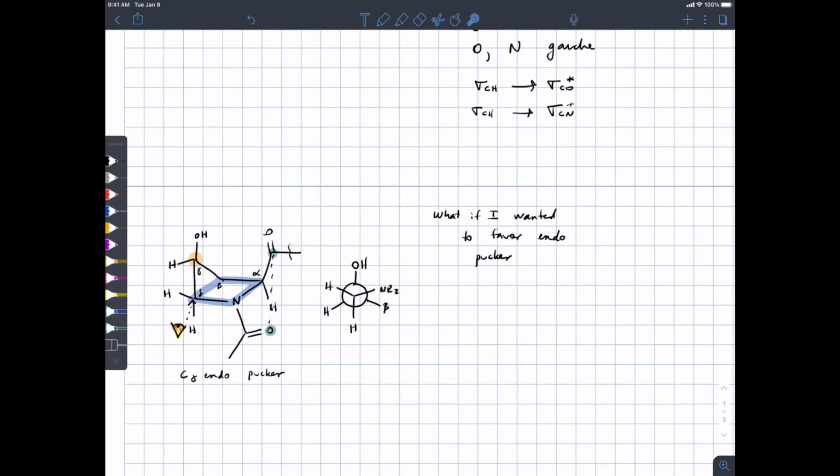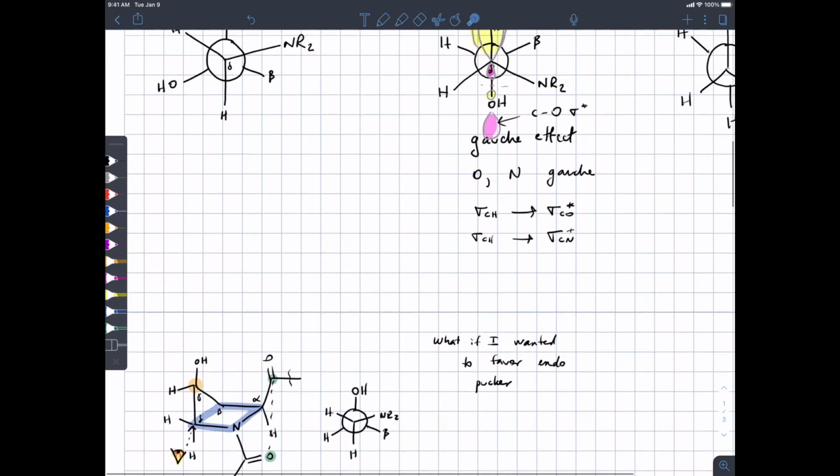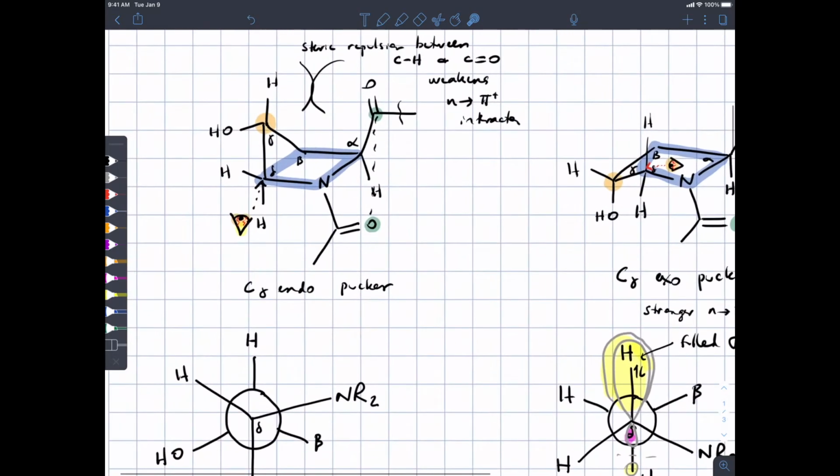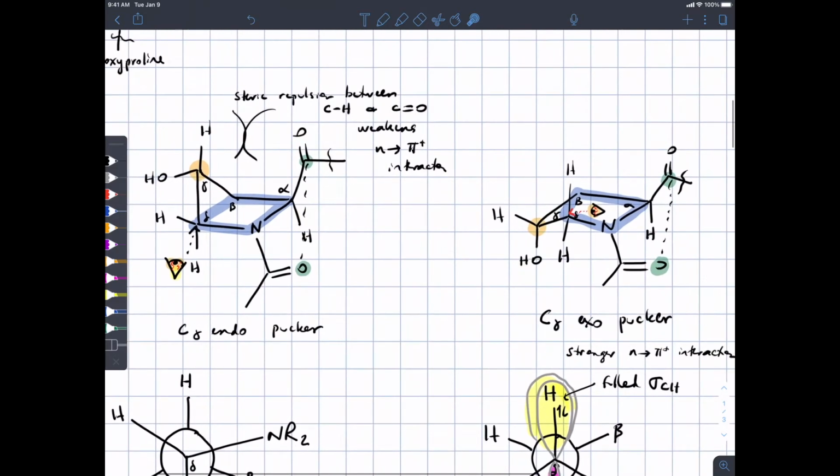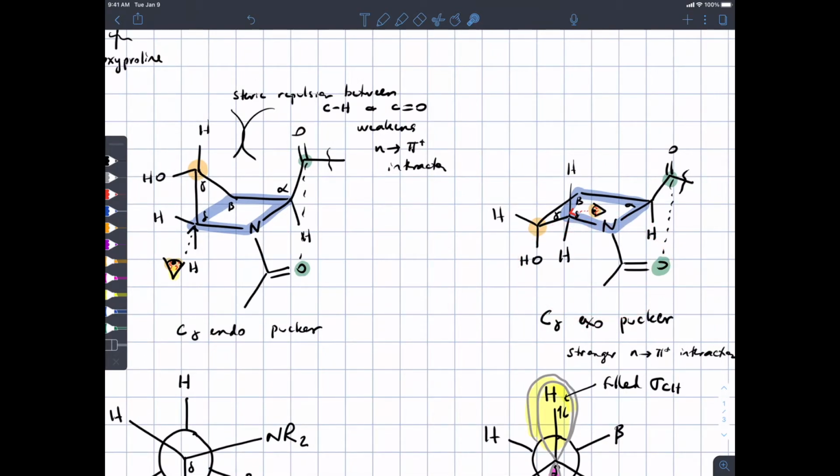They also discovered something in terms of sterics that you could do, and this has to do with what I told you about steric clashing between these two groups. Suppose you wanted to make a supercharged hydroxyproline derivative that would really, really, really favor the C-gamma exopucker.